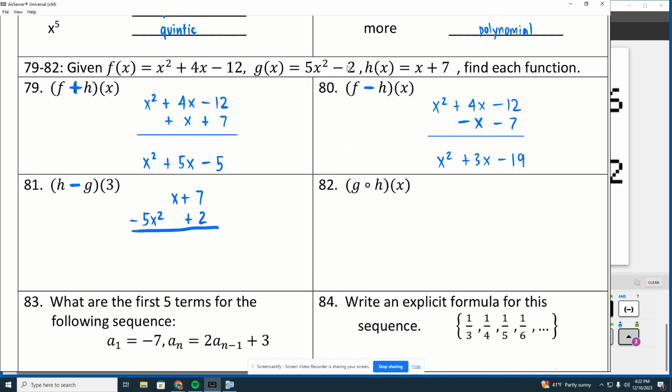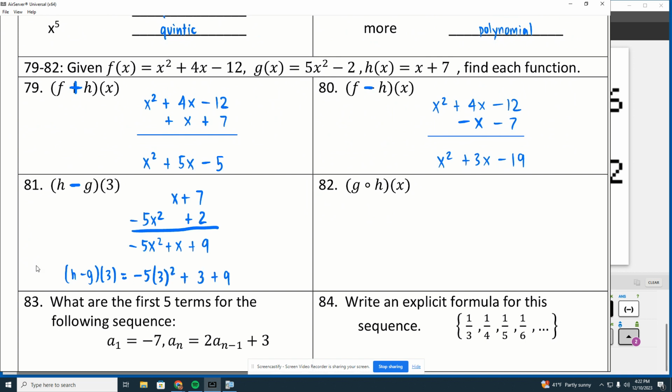So here's what we're left with, guys. Negative 5x squared. This positive x drops straight down. And 7 plus 2 is plus 9. But what I'm going to do last is I'm going to go back to this final value when I subtract it, and I'm going to insert 3. So h minus g of 3 is negative 5 times 3 squared plus 3 plus 9.